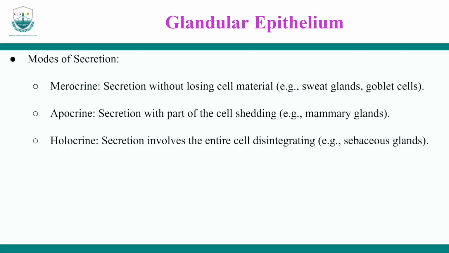The secretion goes with part of the cell. Then holocrine is when the secretion involves the whole cell disintegrating. That means that when these secretions are produced, the cell goes with it. The example here is the sebaceous glands.